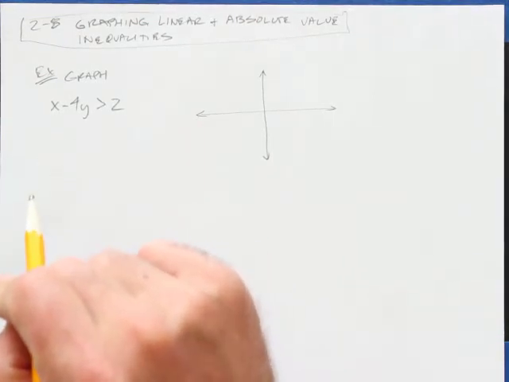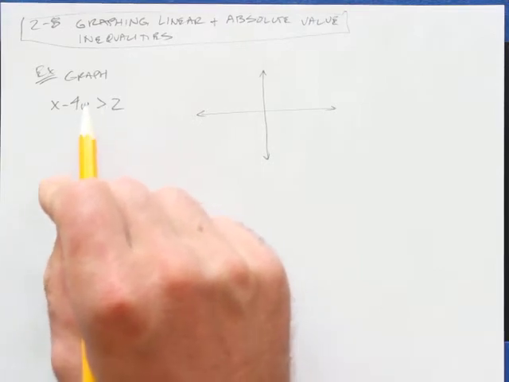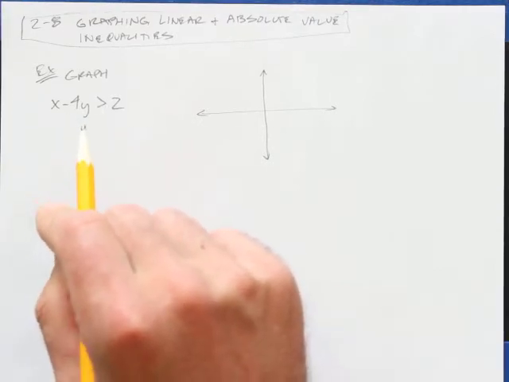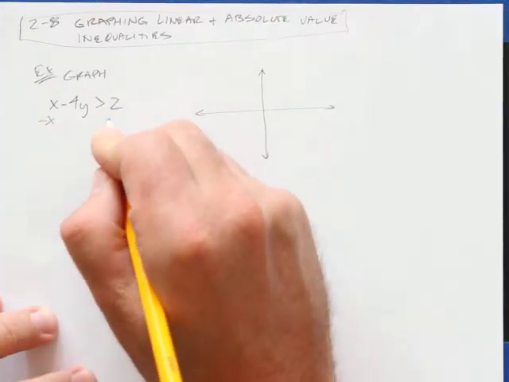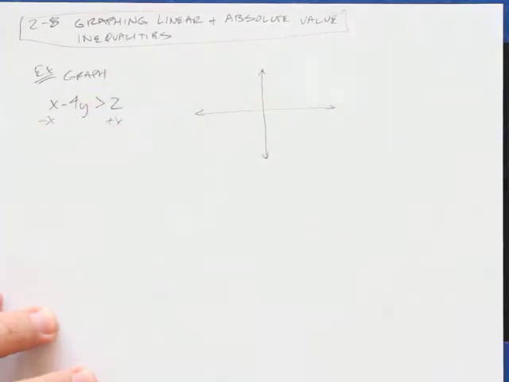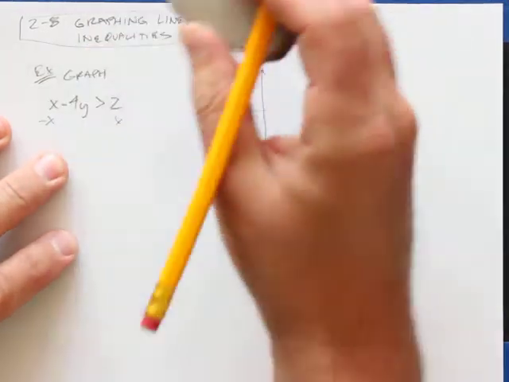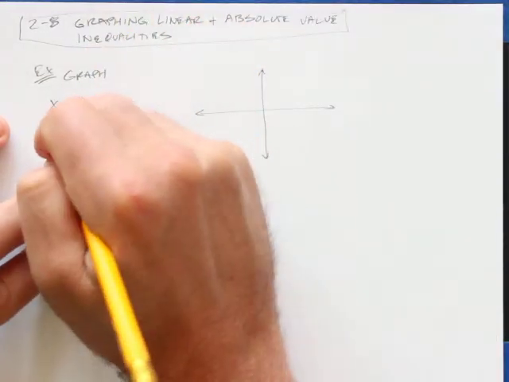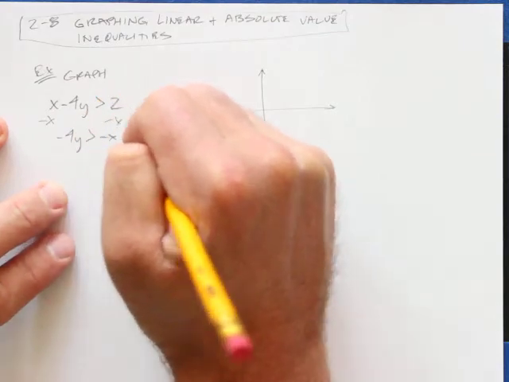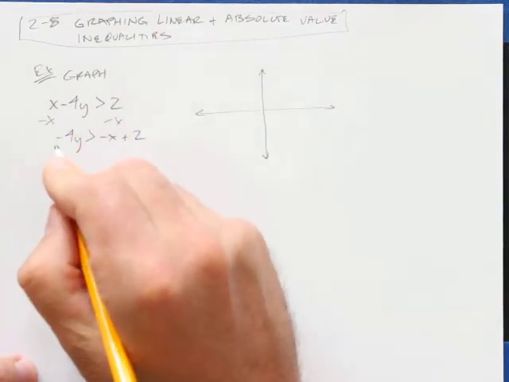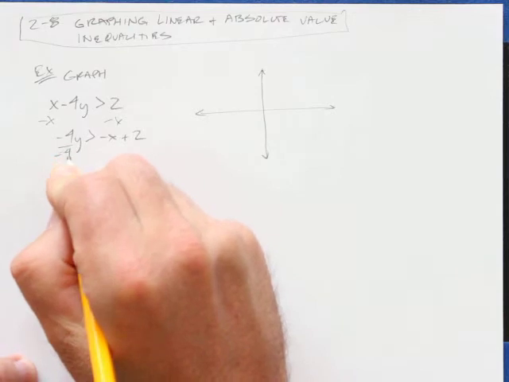But I highly suggest and recommend that you change this to slope-intercept form, which means I've got to subtract x from each side. So I've got negative 4y is greater than negative x plus 2. And then I'm going to divide both sides by negative 4.